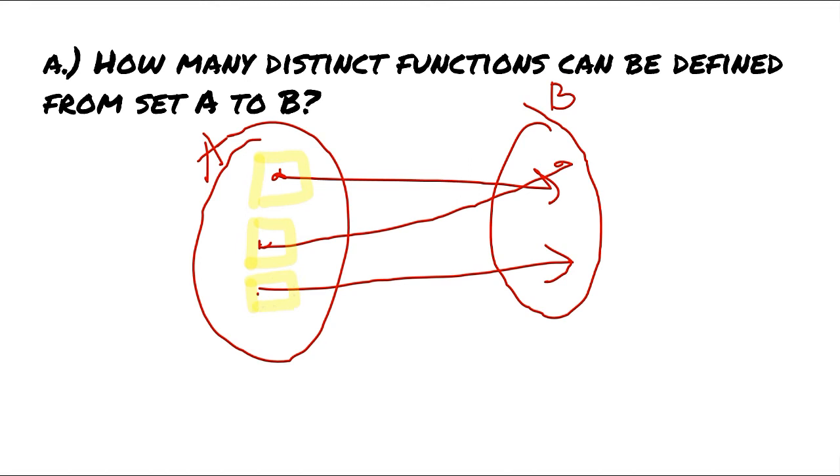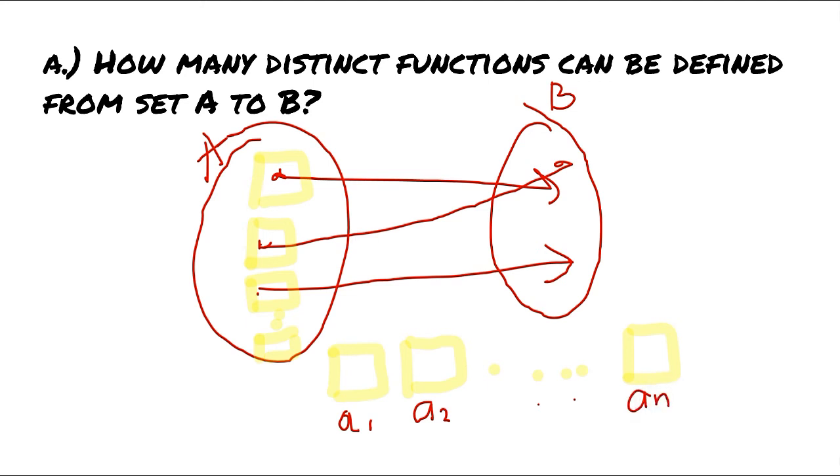Say, without loss of generality, that I have n domain elements: the first, second, and so on up to n. Let's name these A sub 1, A sub 2, up to A sub n.